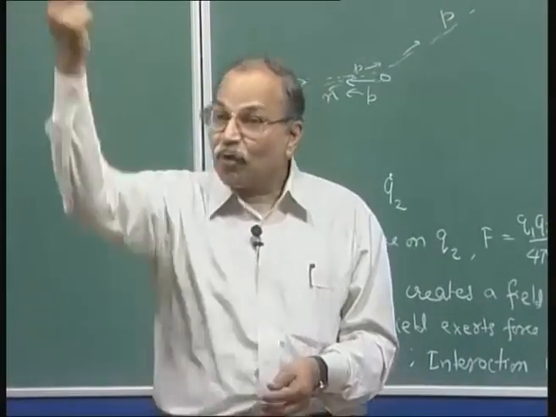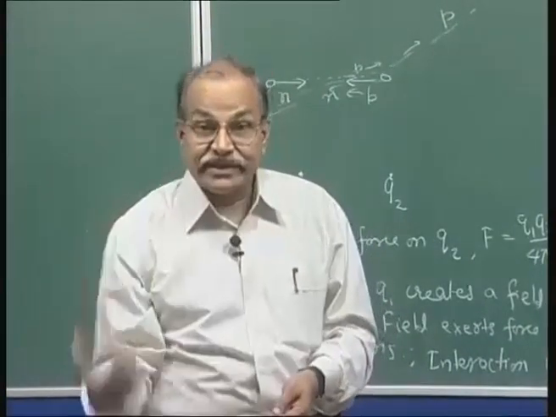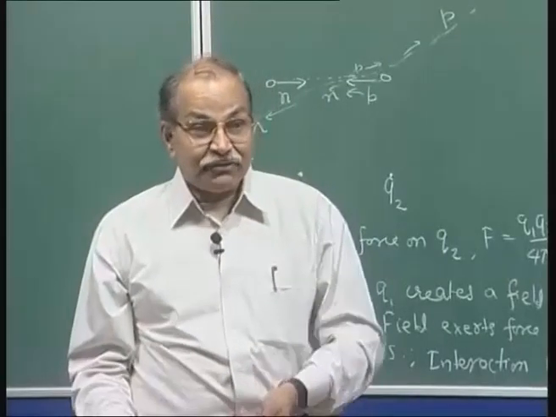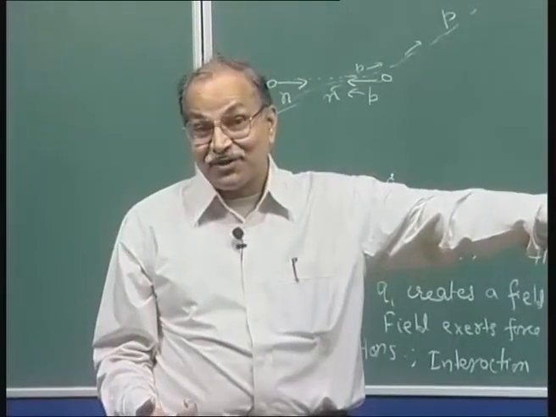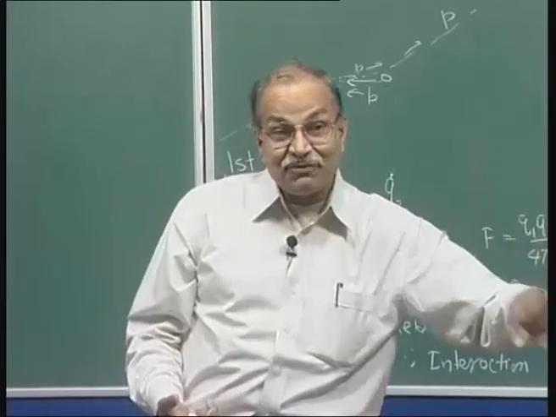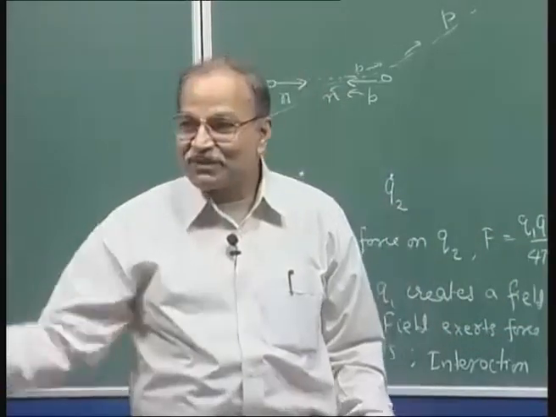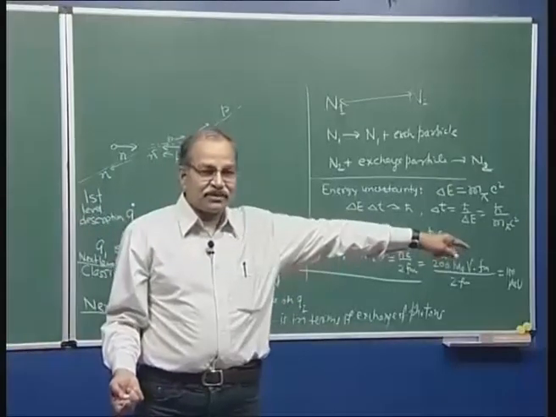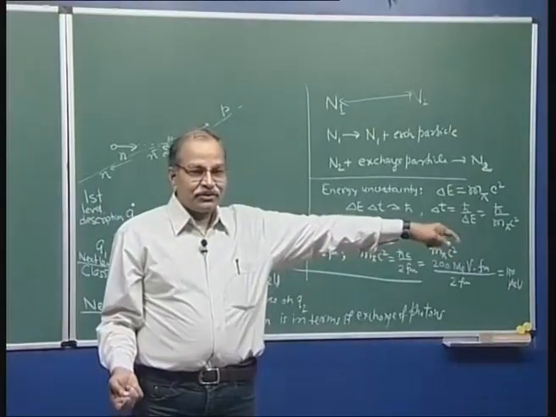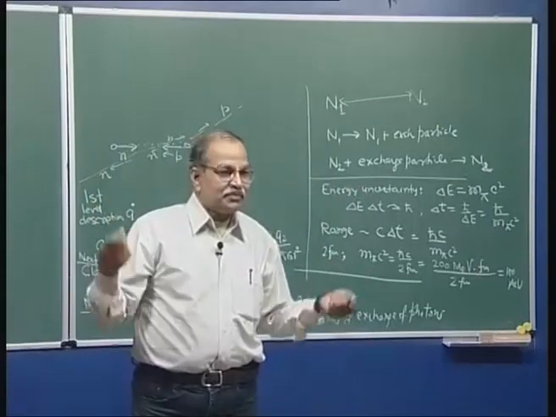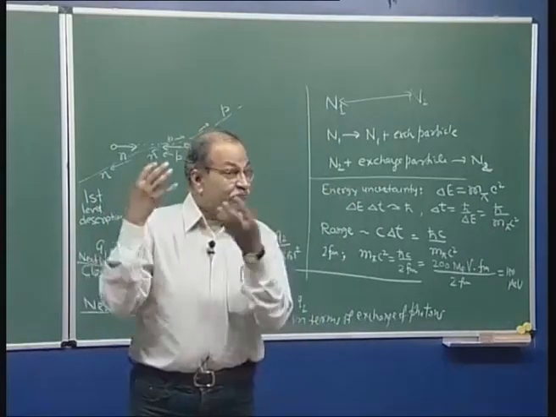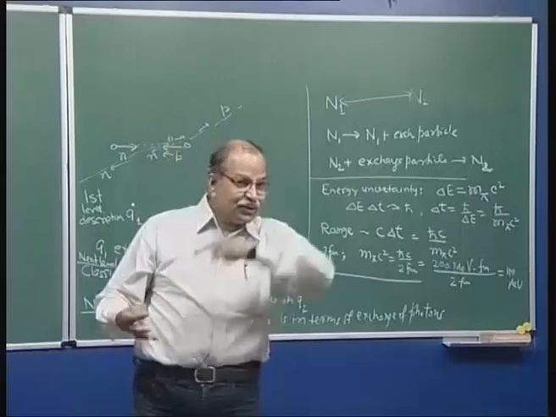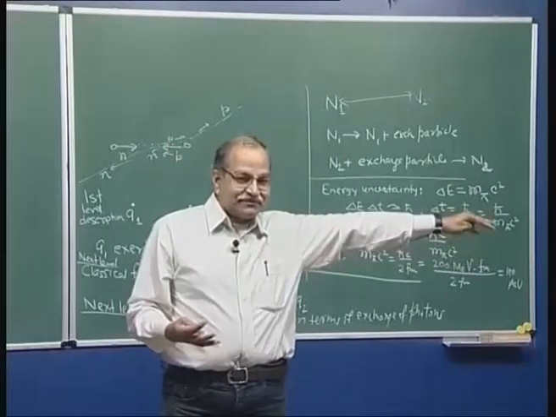Photons we can observe, they do exist, they have some properties. The virtual photons we do not observe, but the property of the virtual photon is the same as the property of this photon. If this photon does not have charge, that photon also does not have charge. So, everything, angular momentum, spin, everything. So, if photons exist, only then can you have virtual photons.